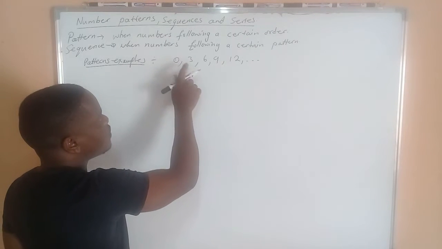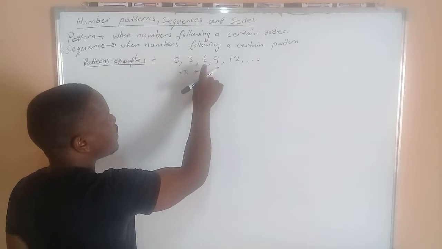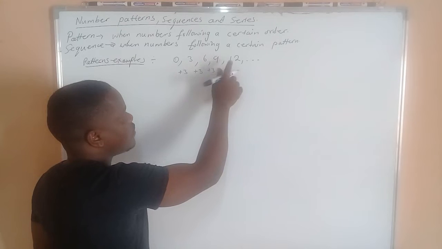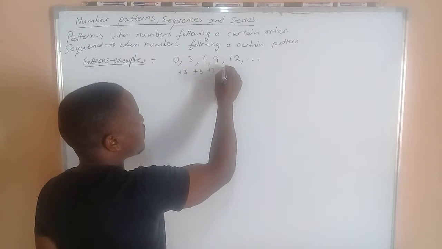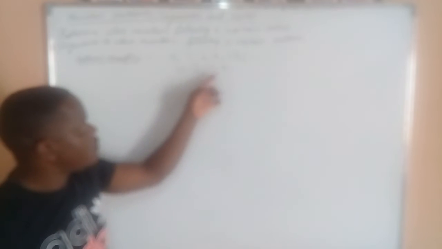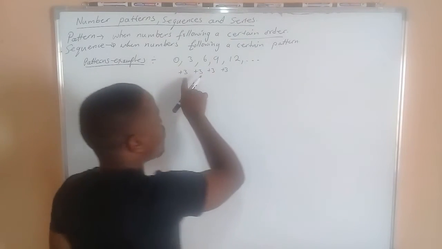From 0 to 3 we are adding 3, from 3 to 6 we are adding 3, from 6 to 9 we are adding 3, and from 9 to 12 we are also adding 3. Right? So this pattern is following an order of adding 3. So therefore this is a pattern.